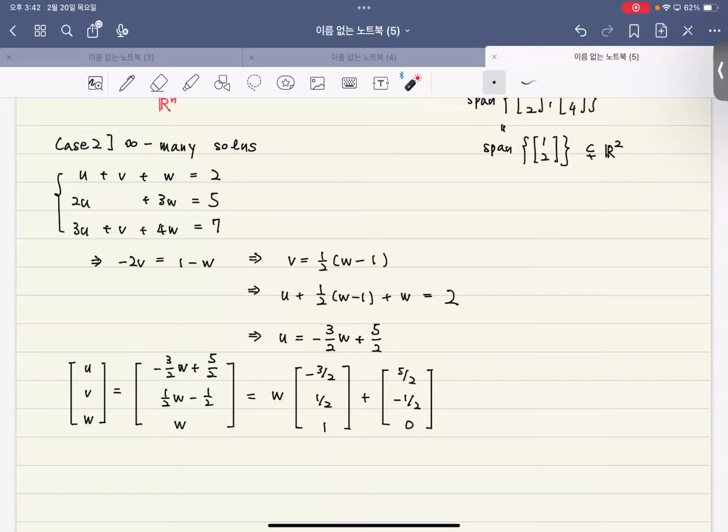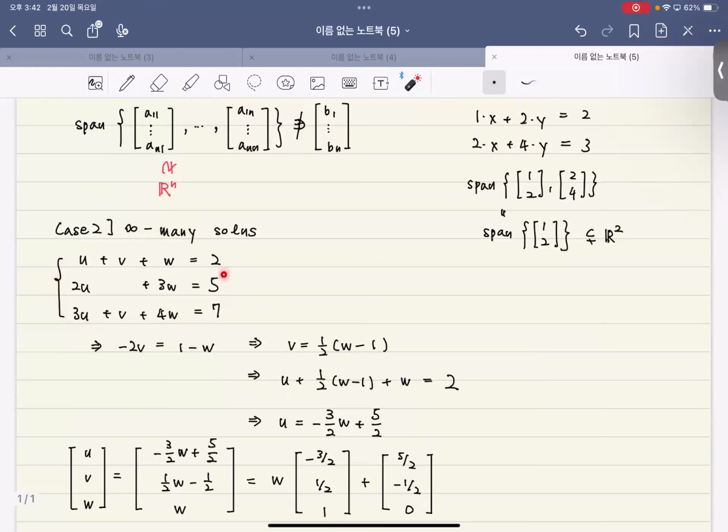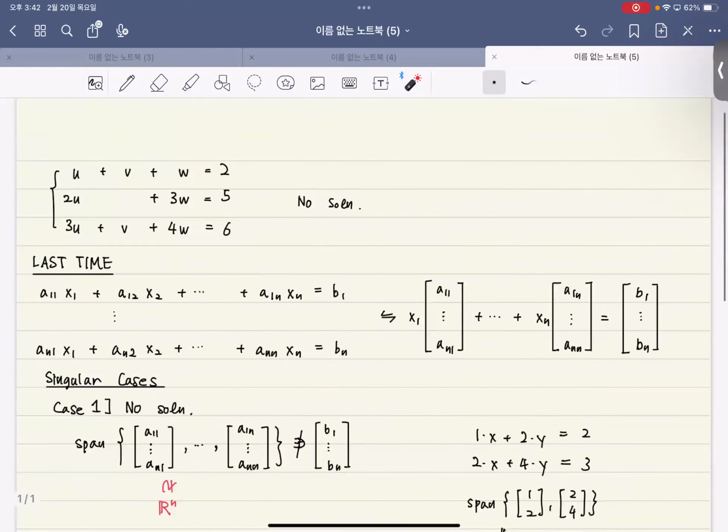Then why? Can I give you any column picture explanation of infinitely many solutions? Well, the reason is very simple, because in this case, the left-hand side of this system is precisely the same as this example, right?